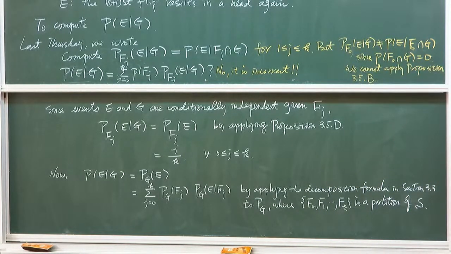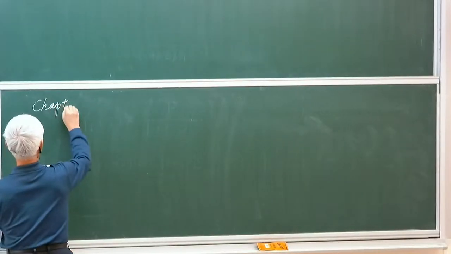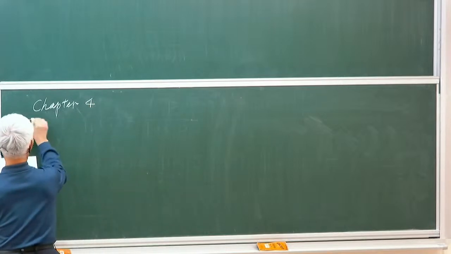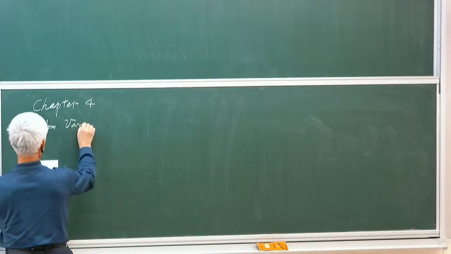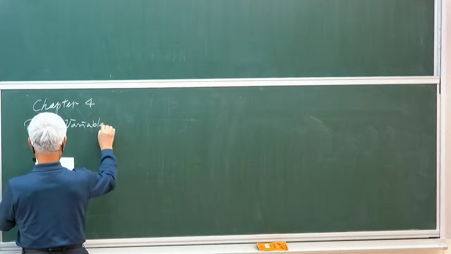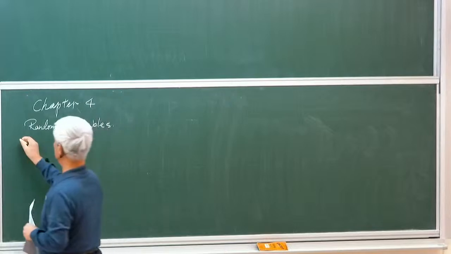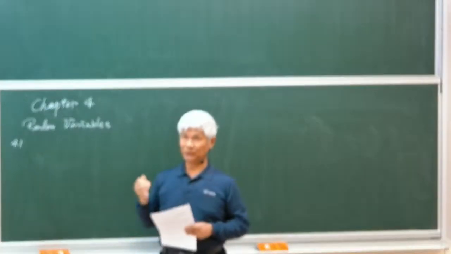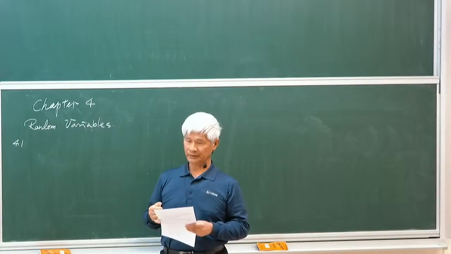All right. So if no other question, then we will discuss chapter 4 about random variables. Okay, and actually this chapter deals with discrete random variables, a special type of random variables.